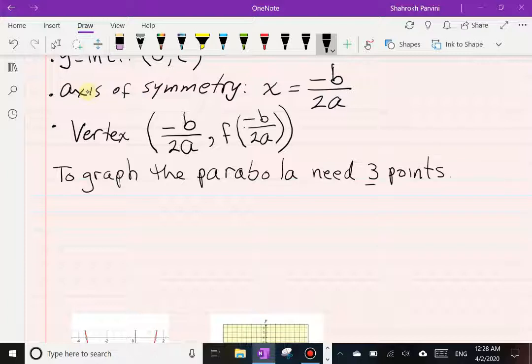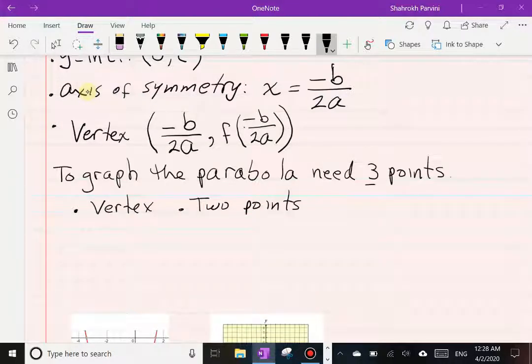One of the points must be the vertex, which is the turning point. We have to have the vertex, and we need to have 2 more points.